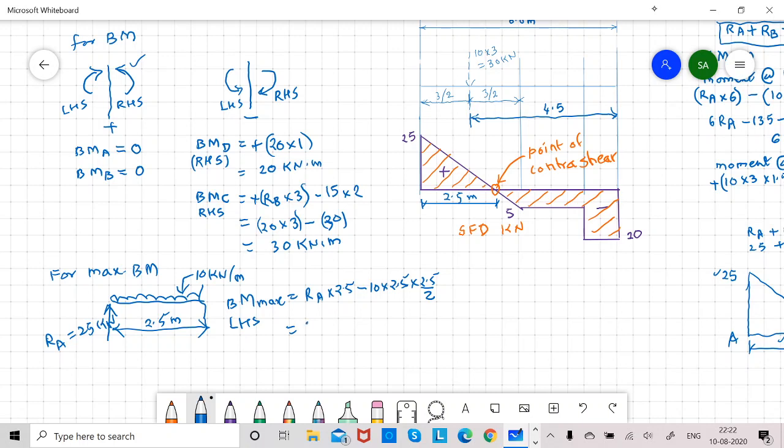Let us calculate this. Ra is 25 into 2.5, minus 5 into 2.5 square.